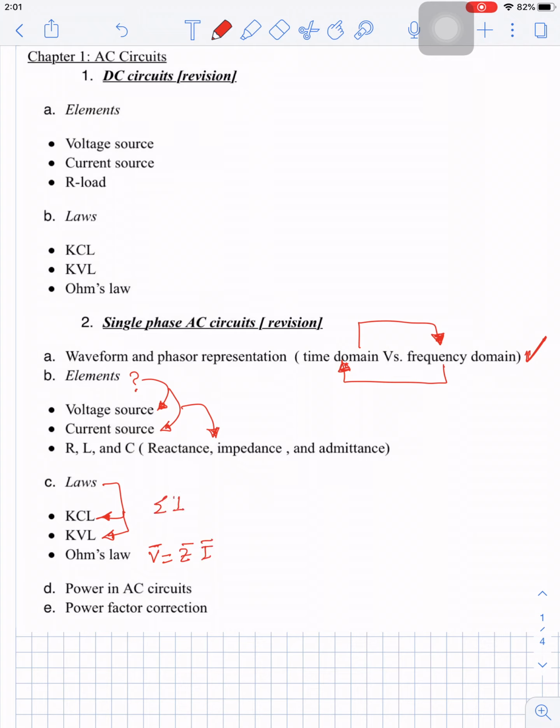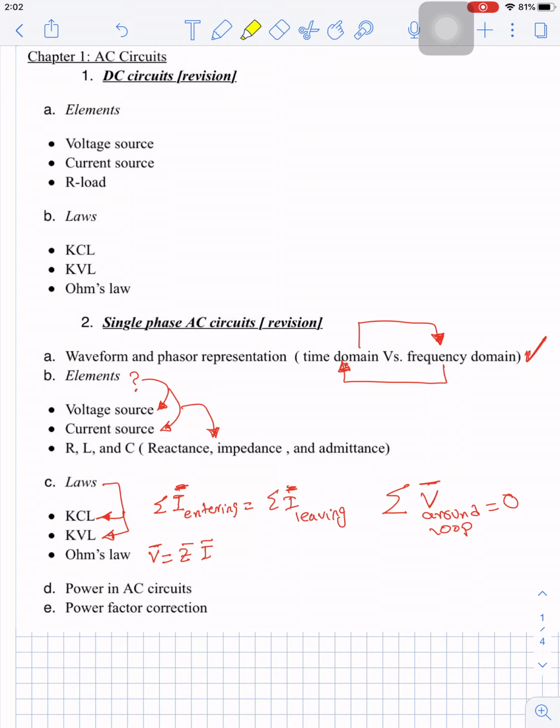KCL will be the summation of I vectors entering equals the summation of I vectors leaving. While applying KCL you have to use the magnitude and angle, because the current is a function of time and you are applying KCL at each time. So the current entering at this time equals the current leaving at the same time, which means we have to do it as vectors, magnitude and angles. And for KVL, the summation of V vectors around a loop is 0.